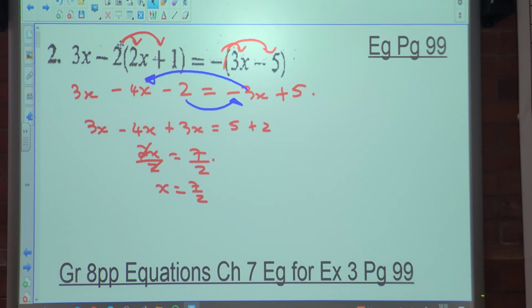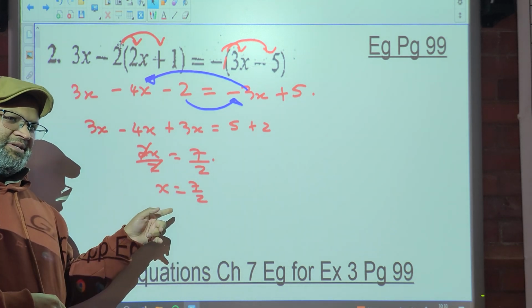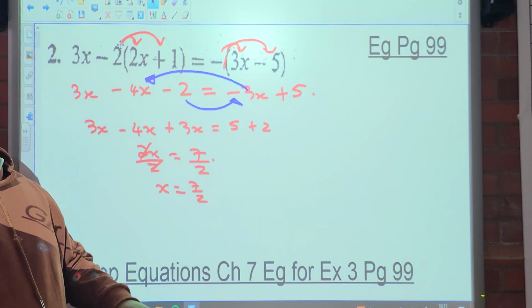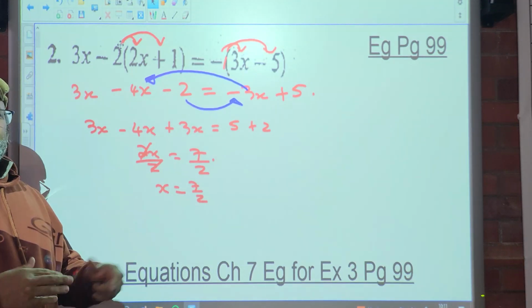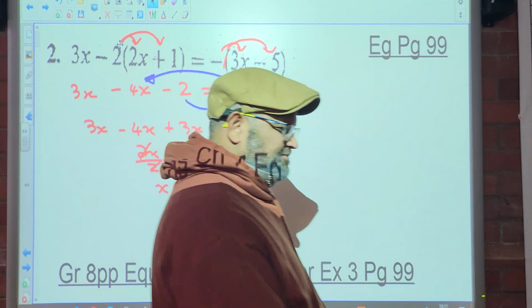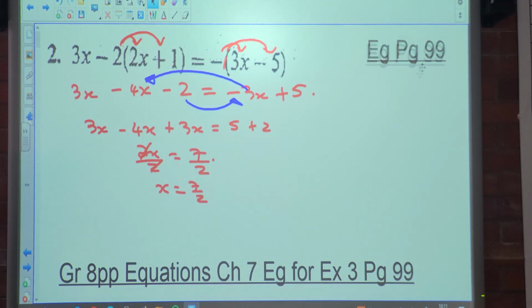You can do any of the decimal, whatever. Unless the question says leave your answer in improper fraction, that must be done. If it says you must write it in decimal, that must be done. But most of the time it's not stipulated how to write, so you can do either or. Okay. You guys okay with that?